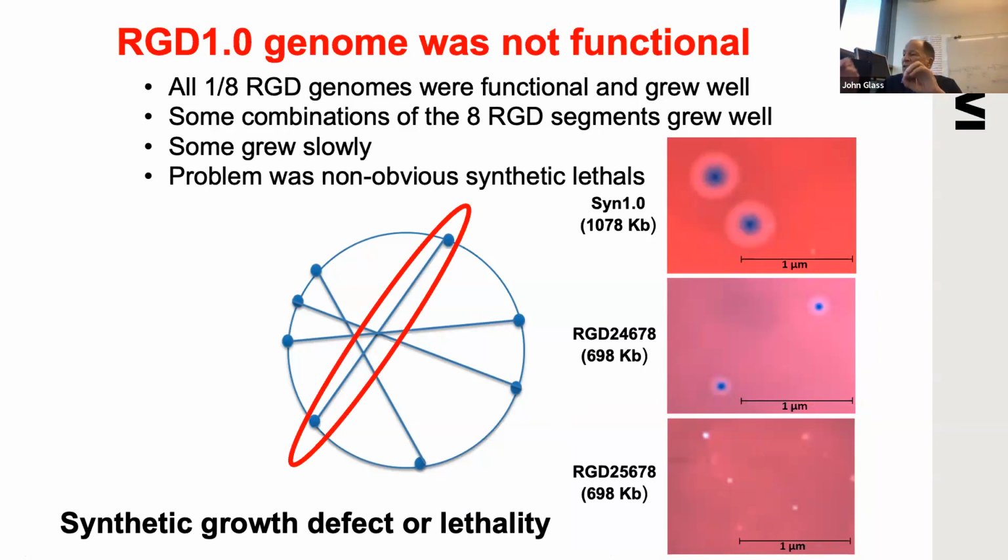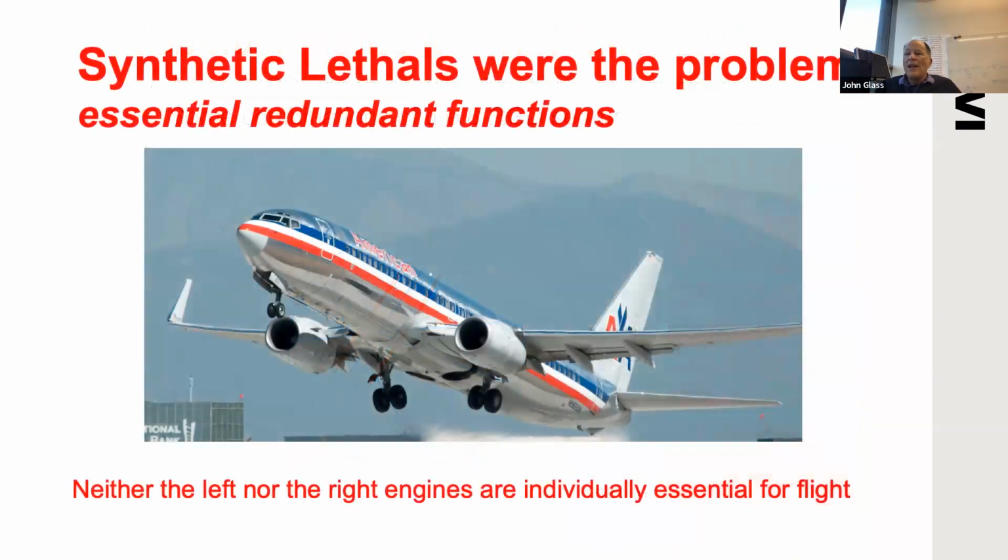So a pair of synthetic lethal genes means that both of them encode the same function, that this function is essential for cellular life, but neither gene on its own is essential. So you can delete either of a synthetic lethal pair. Now, think of it as you're flying in a 737.